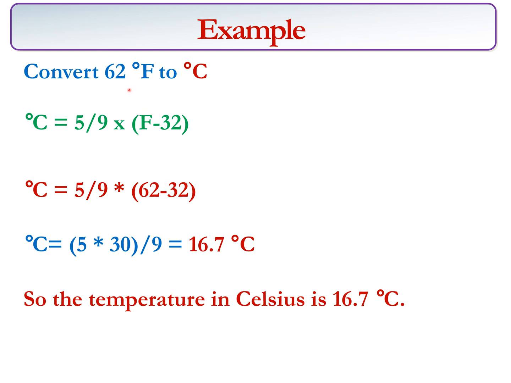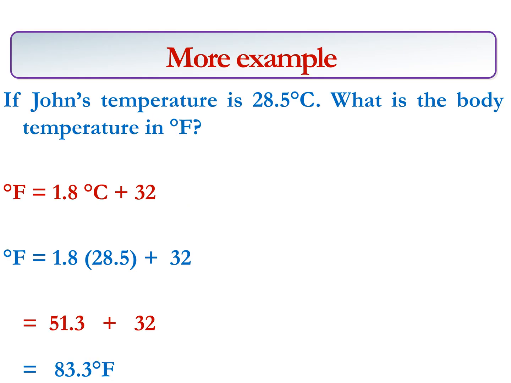Since we are given 62 degrees Fahrenheit, we simply substitute F with 62. So we have degrees Celsius equals 5 divided by 9 multiplied by (62 minus 32). This gives us 30, and we multiply it by 5 and divide by 9. The final answer in degrees Celsius will be 16.7.